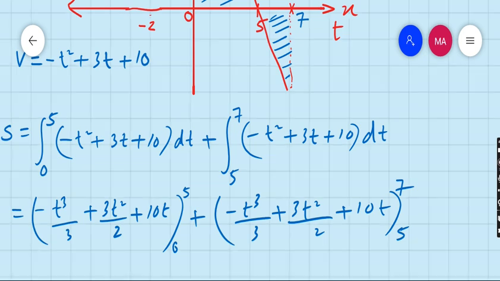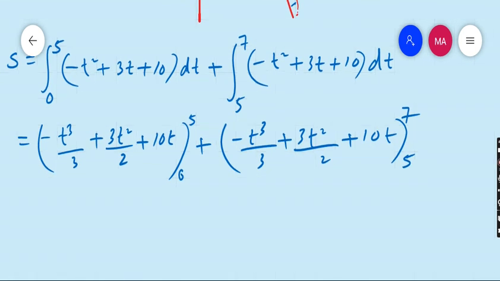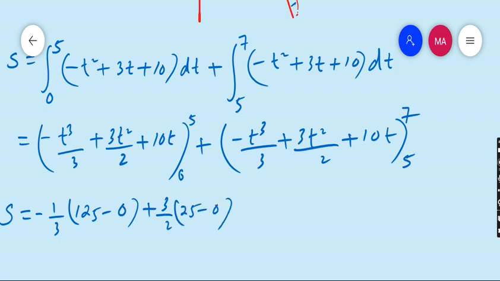Now it's time to apply the limit. You must be masters in using a scientific calculator. So minus 1 upon 3 times 5 cube is 125 minus 0 cube is 0, plus 3 upon 2 times 5 square is 25 minus 0 square is 0, plus 10 times 5 minus 0. This is the limit from 0 to 5.